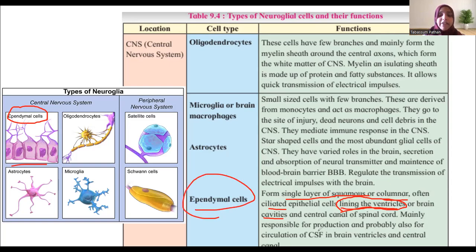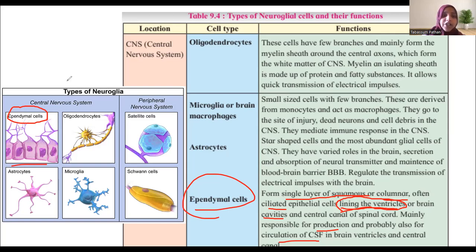Okay, mainly what will they do? They will produce and help in the circulation of CSF. That is a fluid which keeps the brain in good health. We are going to see the function of the cerebrospinal fluid in the coming video, so right now we will not go into that topic. Just accept there is this fluid present in the cavities of the brain, which will help the functioning of the brain and keep the brain in good condition.